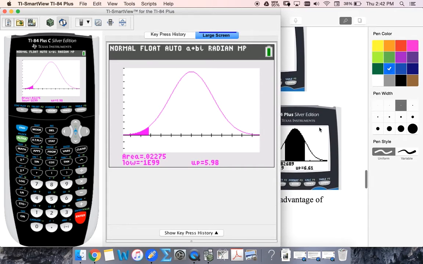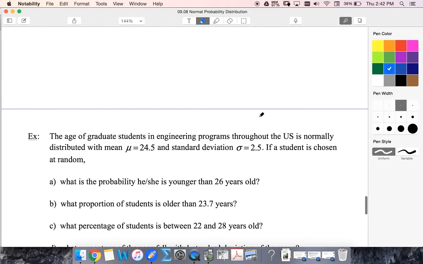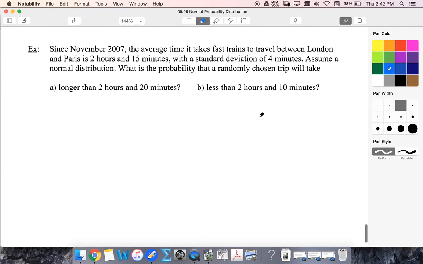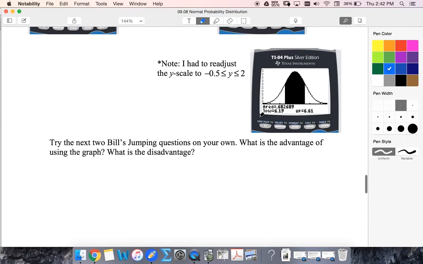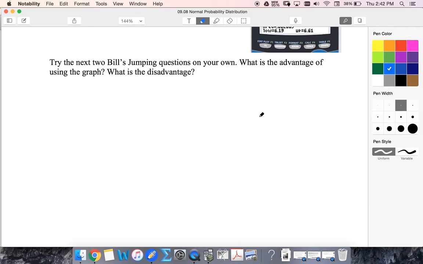There's one more calculator function that you need to know about, and there's no example for this on your paper. So the other thing that I want to show you with your calculator is that sometimes we're given an area and we want to find the value.